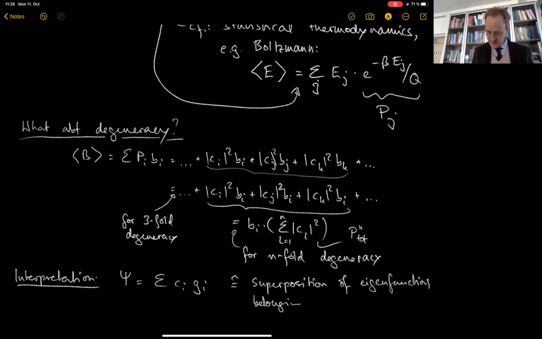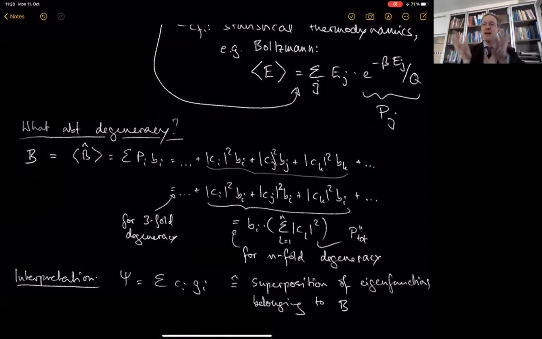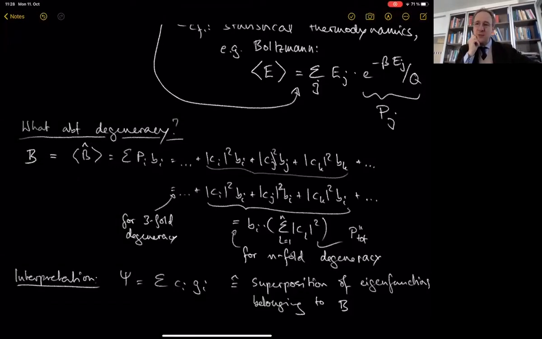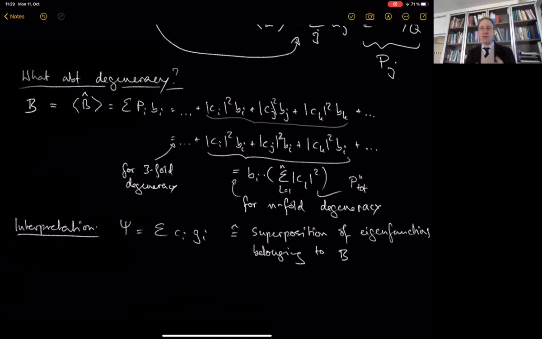So let me put this up here. Property B, you measure as the expectation value of operator B, right? So these are the eigenfunctions belonging to your property. Your property has some state functions, these eigenfunctions, and you have to superimpose them, and each one gets weighted by the coefficient, which when you square it gives you the probability of measuring the eigenvalue of that function, right?